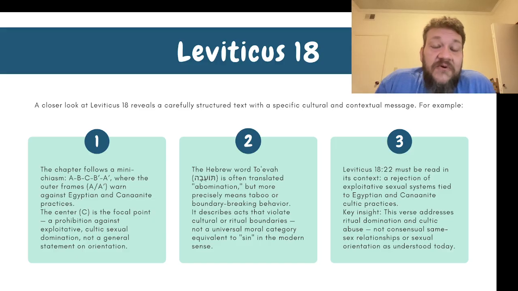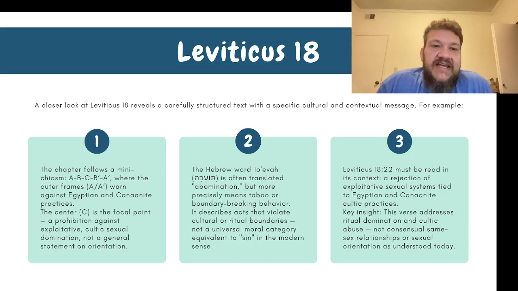Exploiting the poor is considered toeva. So is sowing discord, trying to stir up trouble. And then prayers offered by someone who refuses justice. Justice is to be meted out, and these people refuse to accept it, and then the Bible says that God doesn't hear their praying. It's taboo, it's toeva.